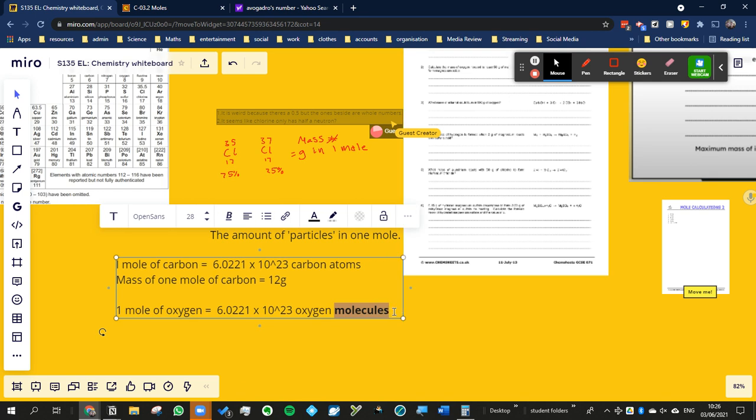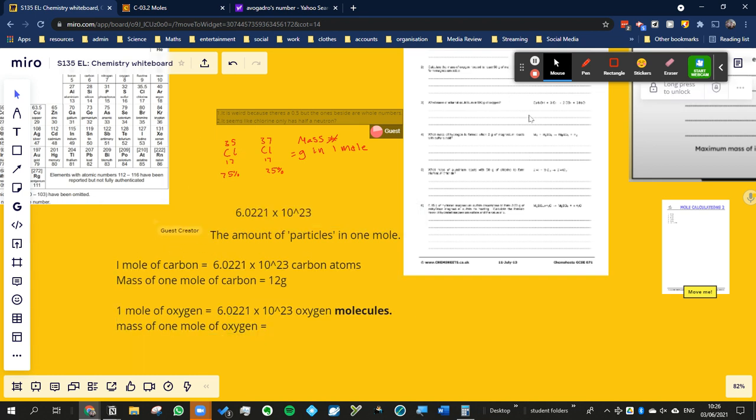Okay, it exists as molecules. So what would be the mass? In fact, I'll see if you can write the mass of 1 mole of oxygen. I will do that, and then you can edit my word box and write what you think 1 mole of oxygen would be.